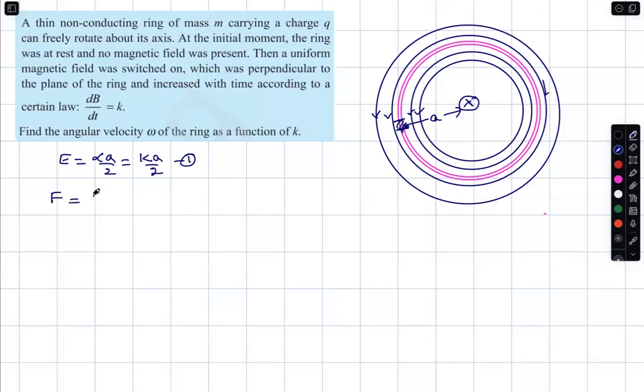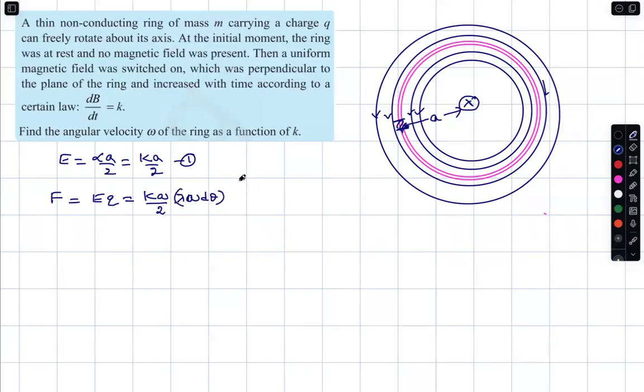Take one such element over here. Force is EQ, that is KA by 2 into the charge, lambda A d theta. That is the force.